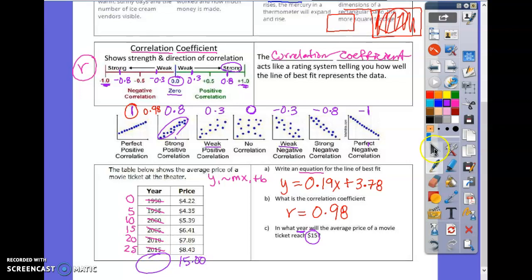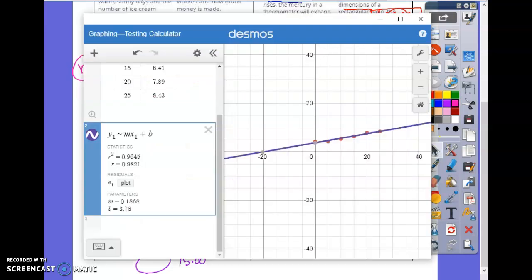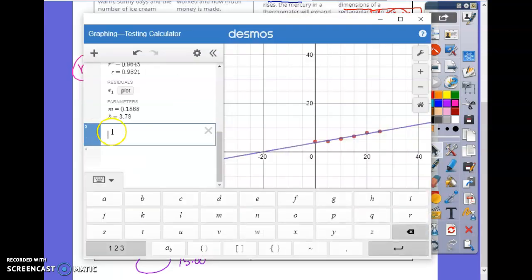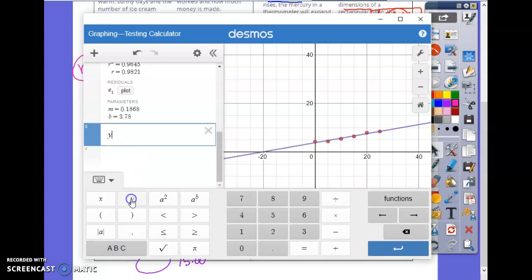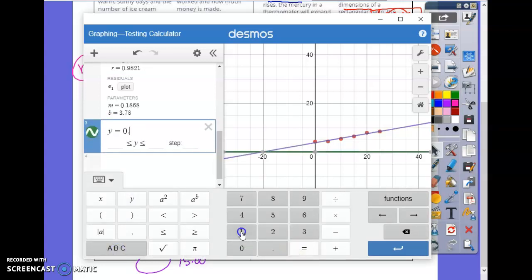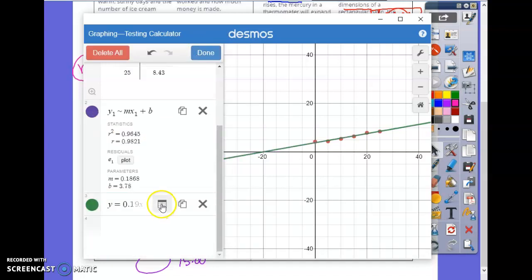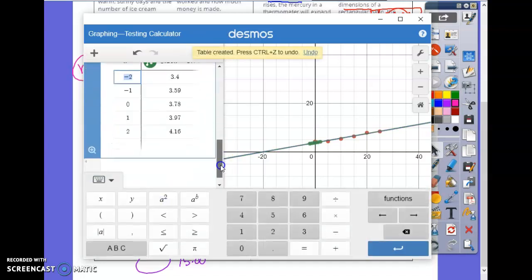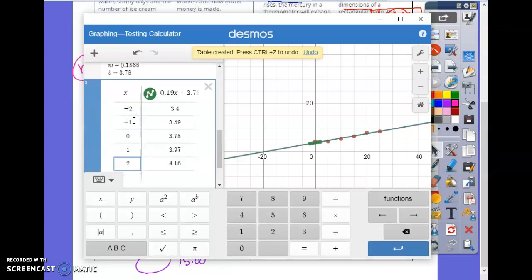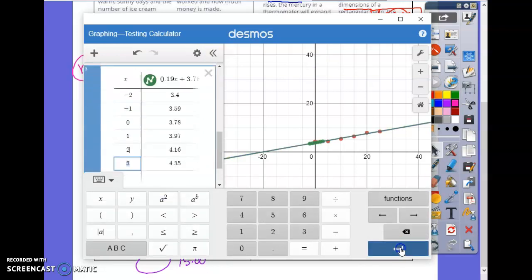Okay? So let's go look. We're going to type it in decimals. The equation goes right here. So y equals 0.19x plus 3.78. And then hit the settings because I need to open up the table for that one. So hit the settings and open up the table. And we're going to just start enter, enter, enter until I reach 15. So just keep going.